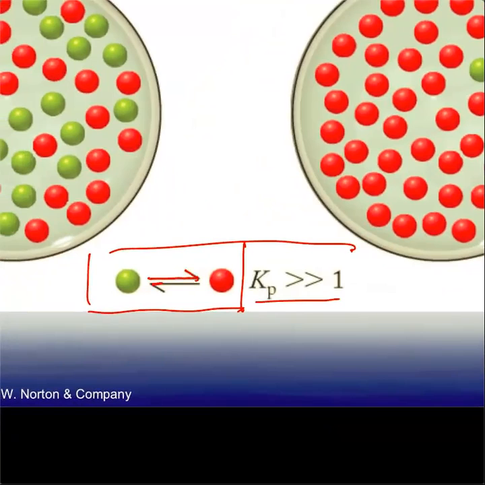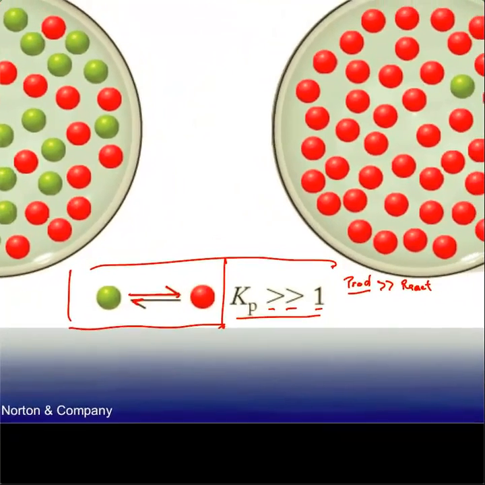This one is disfavored. Why? Because the Kp is products over reactants, and the only way that it can be a much, much larger than 1 value is when the products are much larger than the reactants.